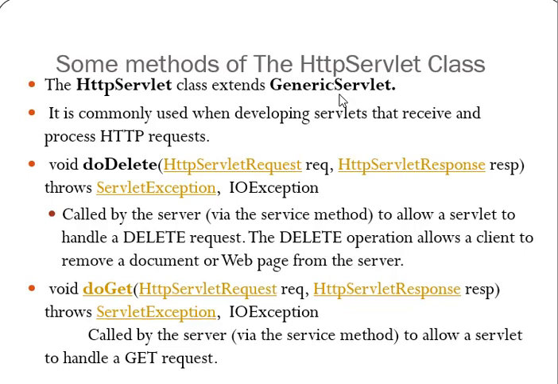doDelete is called by the server to allow the servlet to handle a delete request. The delete operation allows a client to remove a document or a web page from the server. Then doGet is called by the server to allow the servlet to handle the get request.